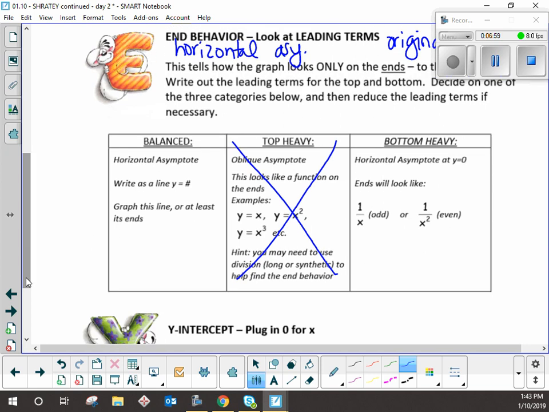And there's a few things going on here. There's two different kinds of equations we can have. We can have a balanced equation, which means the degrees are equal on the top and bottom. So an example of that, maybe you have something like this. We have this function, it's rational, there's x's on the bottom.